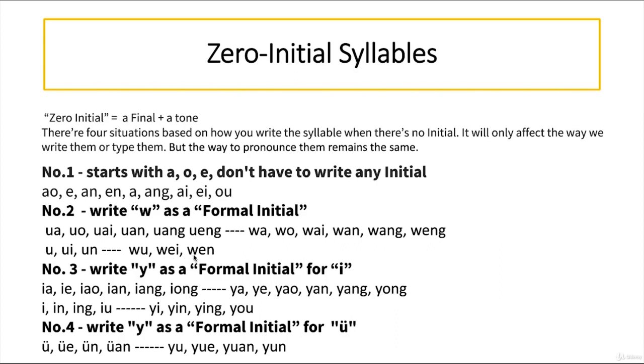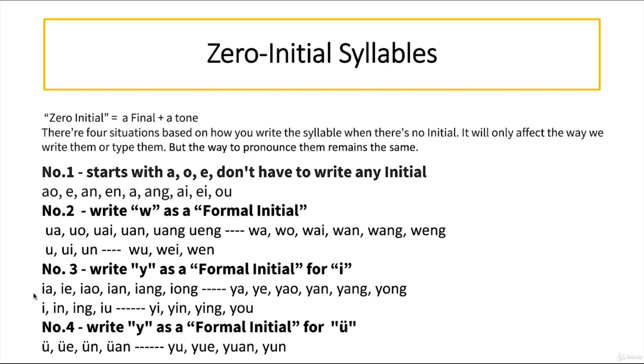Rule number 3, write Y as a formal initial for I. When the zero initial syllable starts with the vowel I, we write Y as a formal initial.